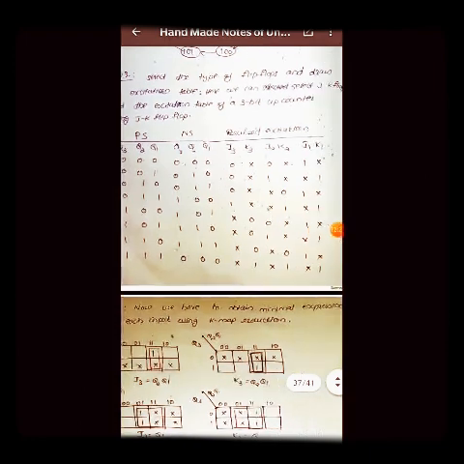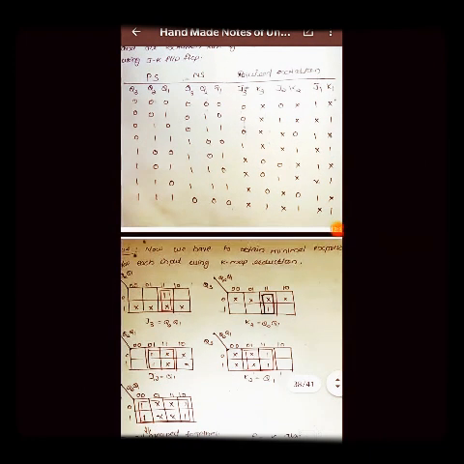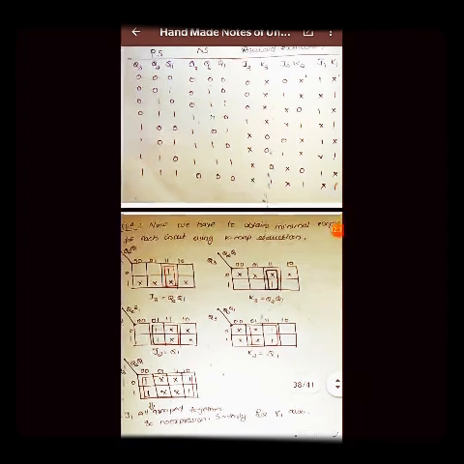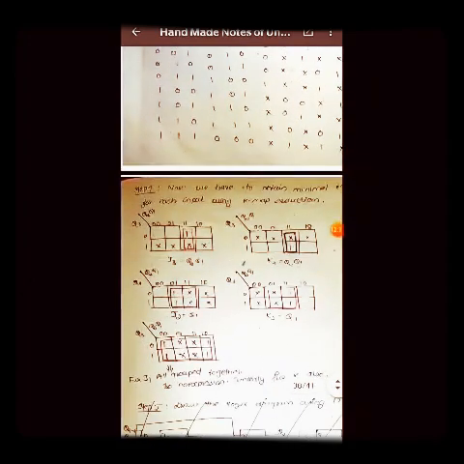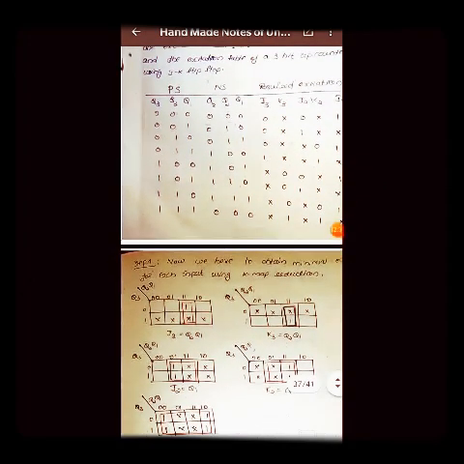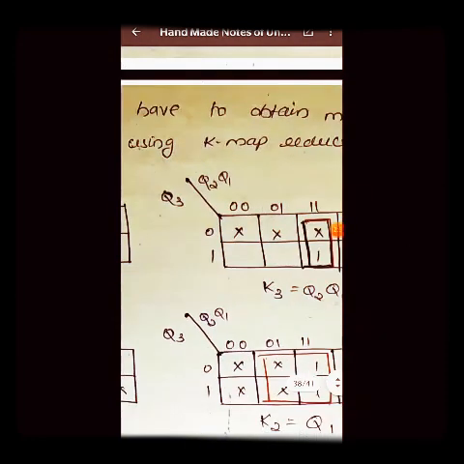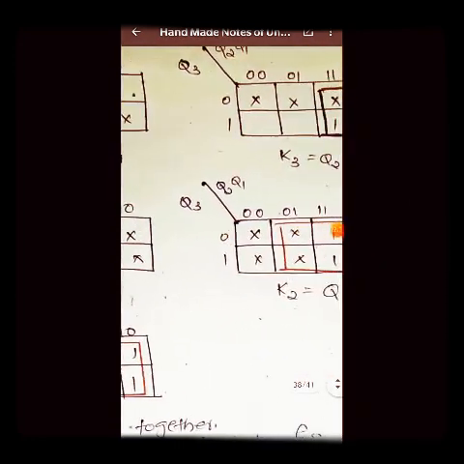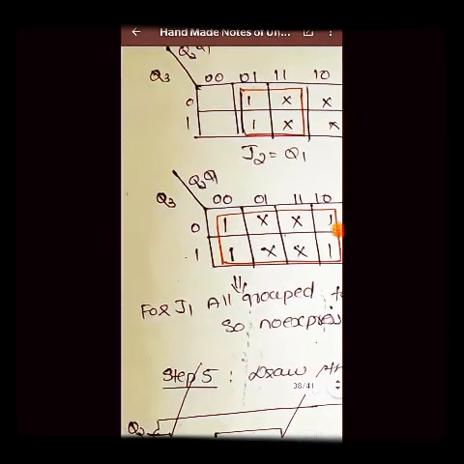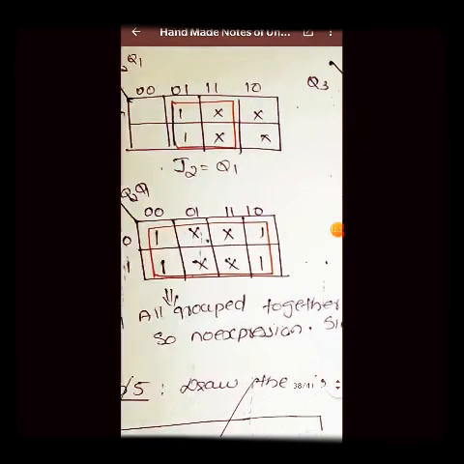In the same way, you can draw this table. After making this table, you have to draw the K map. How can you draw this K map? Firstly, I would like to say that these are K maps of J3, K3, J2, K2, J1, K1.